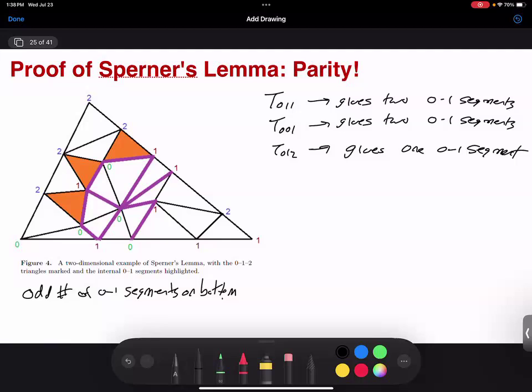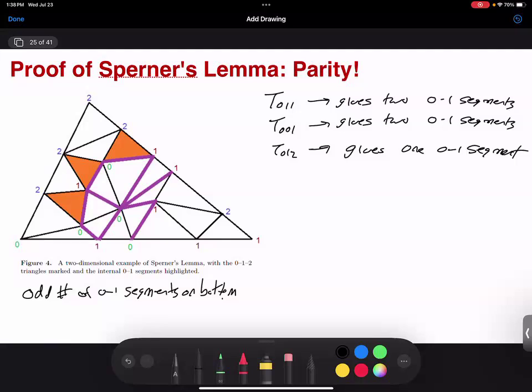Every internal 0-1 segment, how many times is it counted? If I count triangles, so all the triangles that I have, if there's an internal 0-1 segment, it's in 2 triangles.